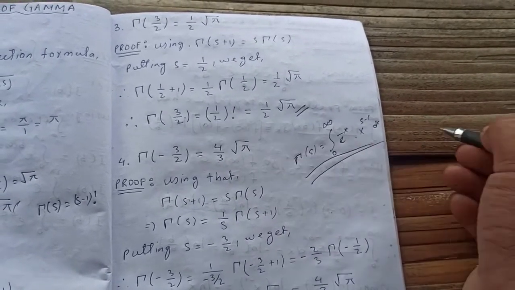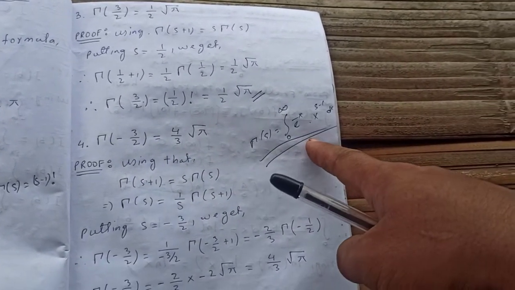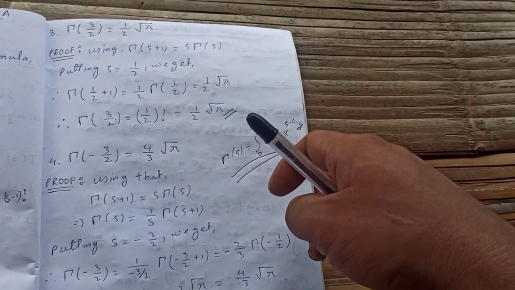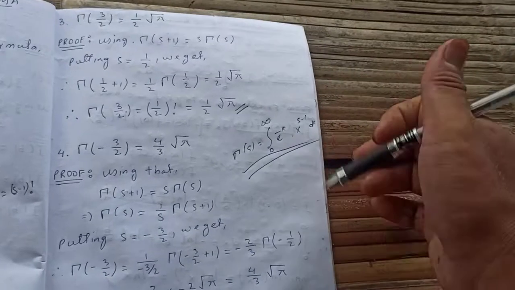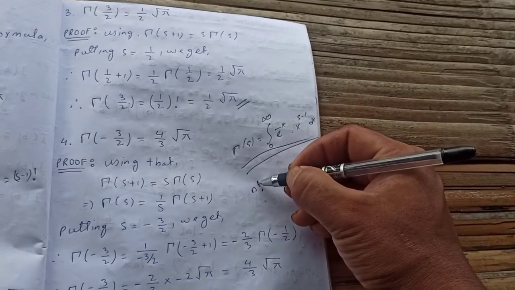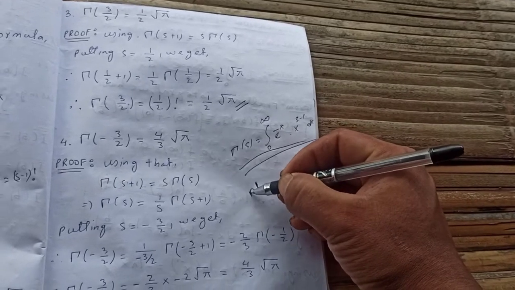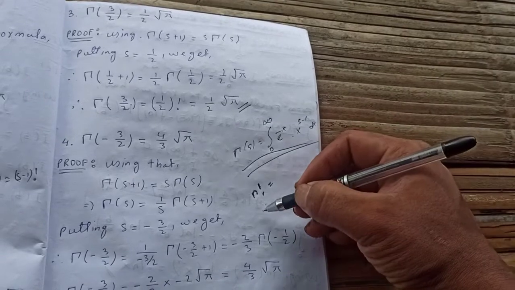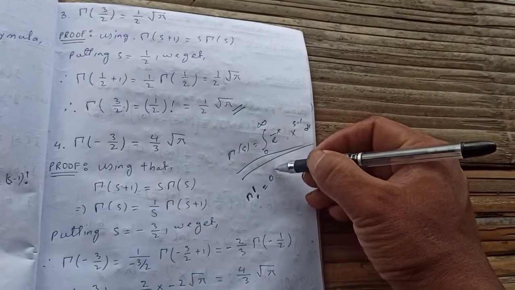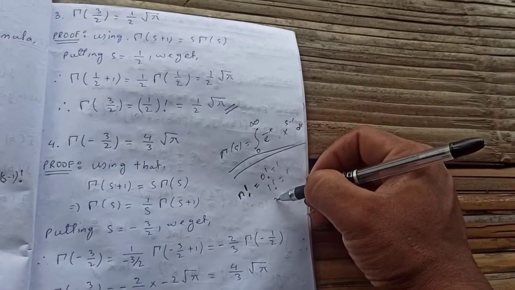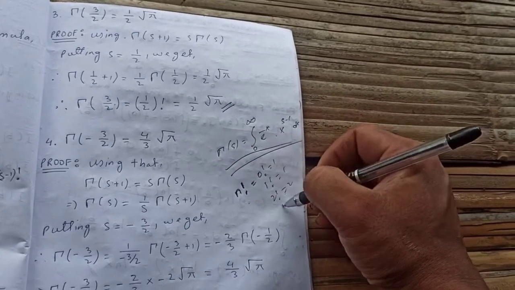This gamma function, why this gamma function came out is that, when dealing with this factorial function, factorial means number of ways, okay? So example like 0 factorial is 1, right? 0 factorial is 1, 1 factorial is 1, 2 factorial is 2, and so on, right?